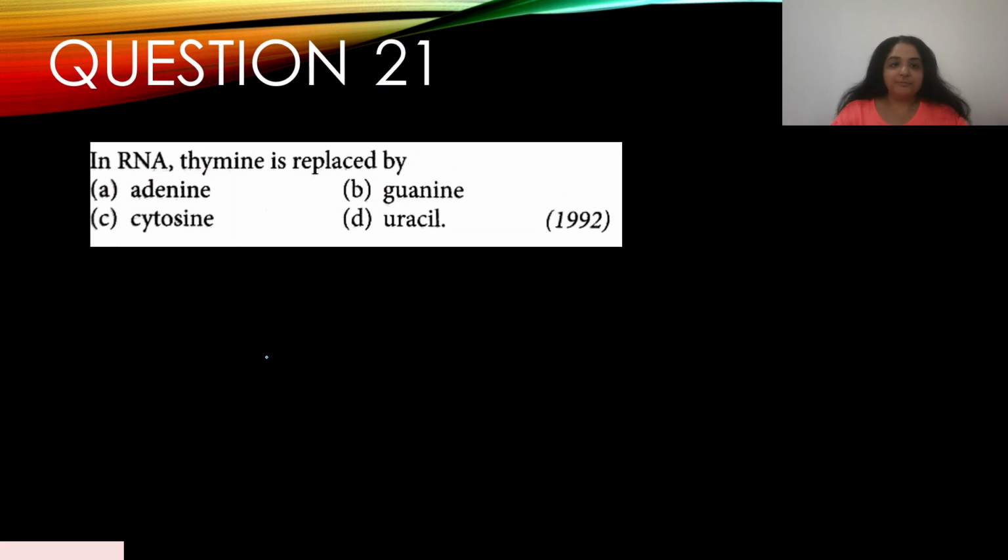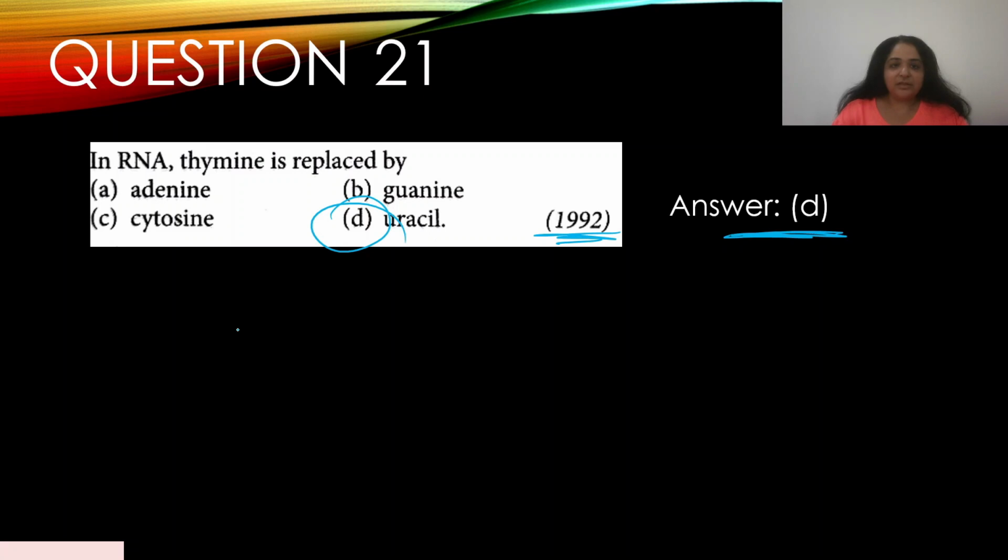Question number 21. In RNA, thymine is replaced by, this appeared in 1992, A adenine, B guanine, C cytosine, and D uracil. We all discussed this before. So in RNA, thymine is replaced by D, uracil. Okay, the answer is D. This was pretty simple.